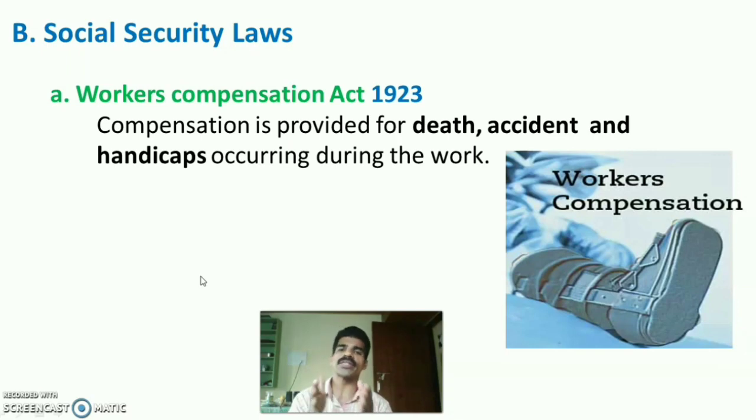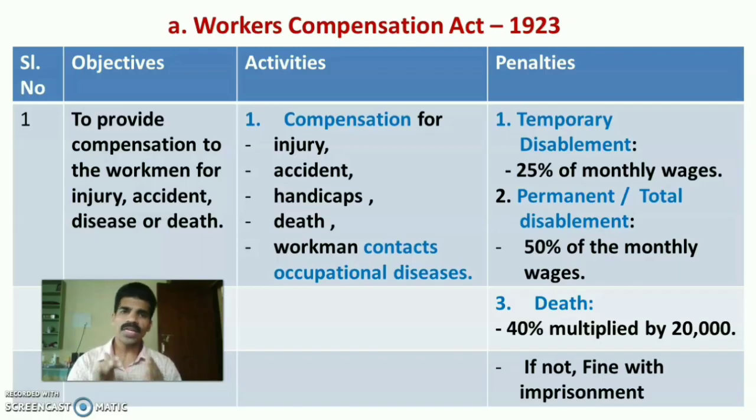According to this Act, compensation should be provided for death, accident and handicaps which occur during work. The Act clearly states compensation for any injury in the occupational setting, any accidents, handicaps related to injury or accidents, any death in the occupational setting, or contracting any occupational diseases or pneumoconiosis. In all these incidents the workers or employees may be compensated by the employer.